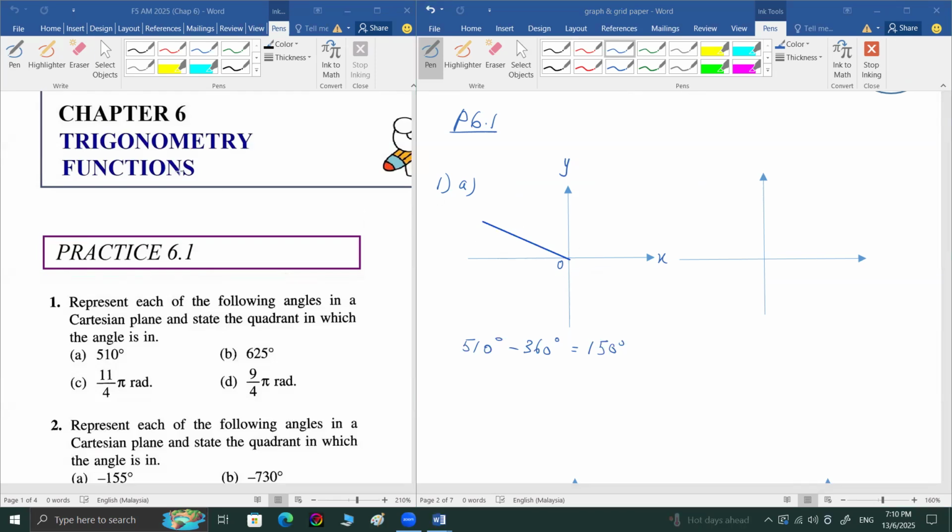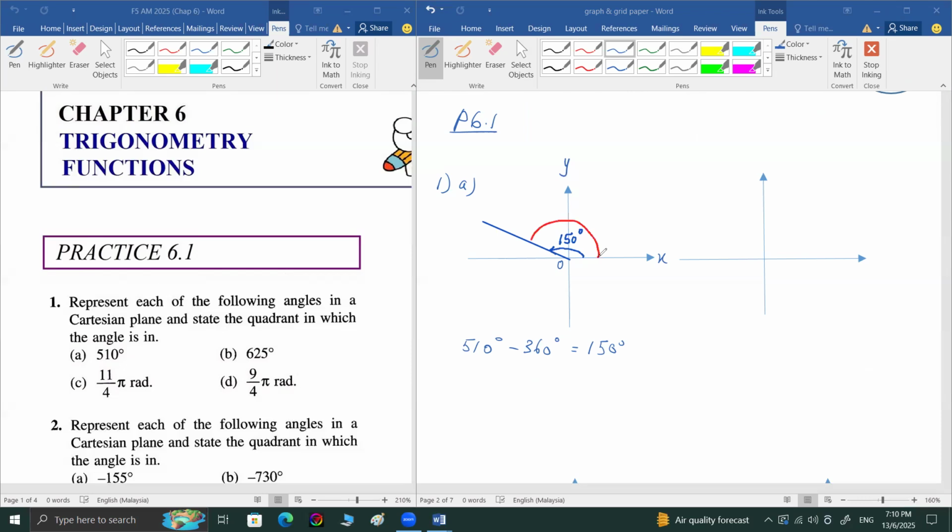You show the angle of 150 here. Okay, this is 150. Then after that, you show the 510 also. Yeah, 510 means you go, I use the red one to show you, class, to see the difference. So you go anti-clockwise, one round, wait, class.